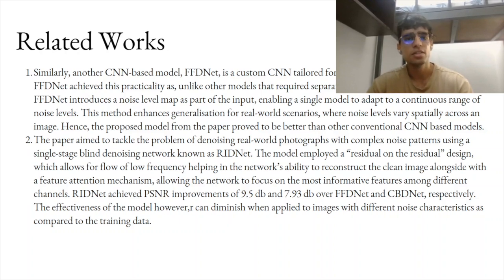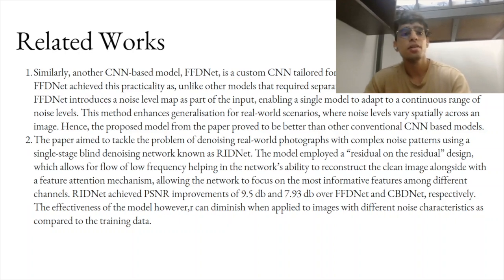This method enhances generalization for real-world scenarios where noise levels vary spatially across an image. Hence, the proposed model from the paper proved to be better than other conventional convolutional neural network-based models.